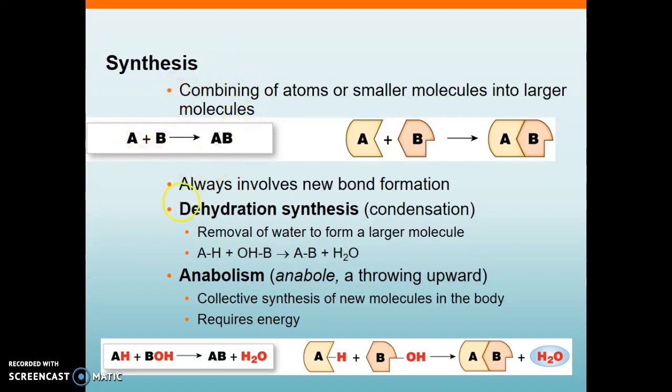Therefore, it's called dehydration synthesis. We are taking away water to build a new molecule. Dehydrate is to remove water. Synthesis is to build or to make. A general term meaning all of the synthetic or building reactions in the body is anabolism.